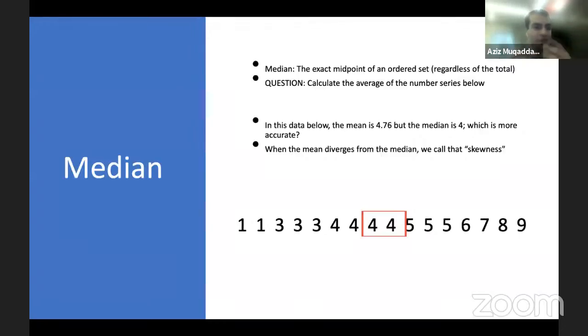Or I just calculate the mean. In normal cases, the median and the mean should not be far from one another, so you should only see small differences. But the degree to which the mean deviates from the median is called skewness.